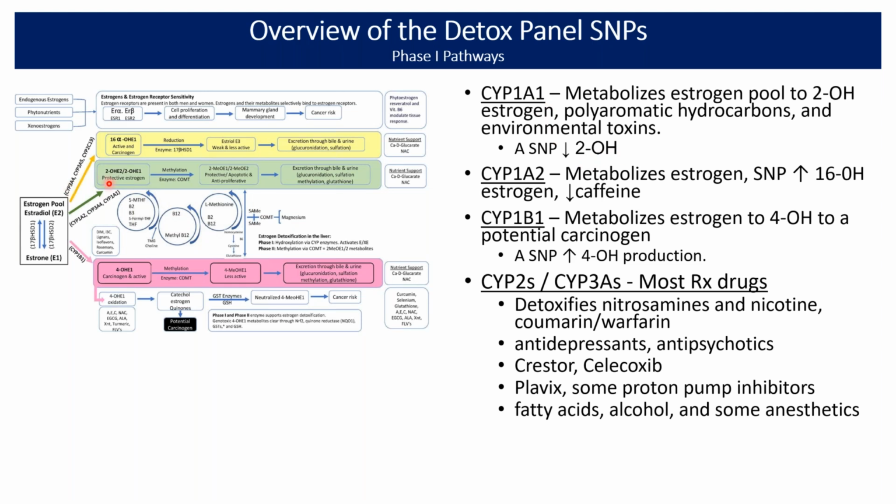If we have a 1A2 that is off, that actually promotes the 16-OHs. Also decreases caffeine clearance. So if we keep caffeine in our system a little longer, that can create anxiety. So when you're looking at anxiety or depression, we can see the potential for that within the detox protocol.